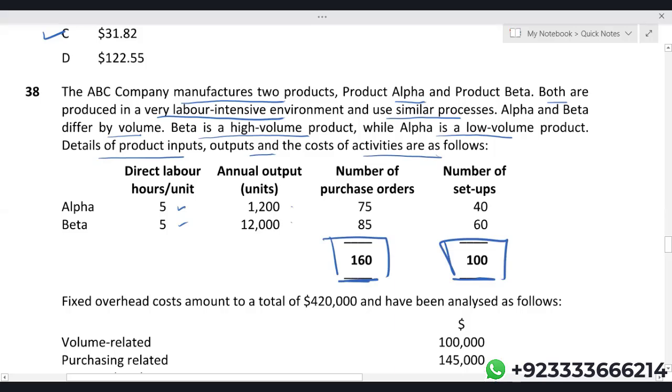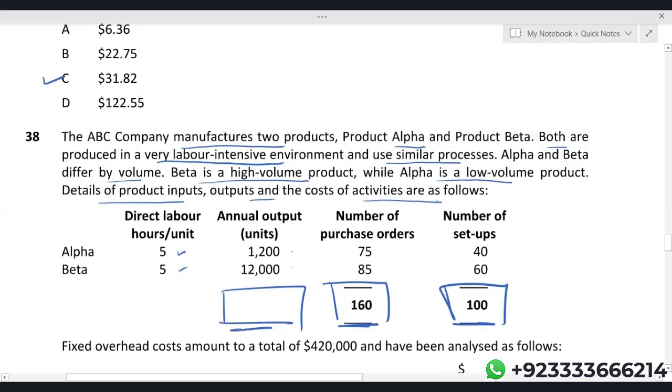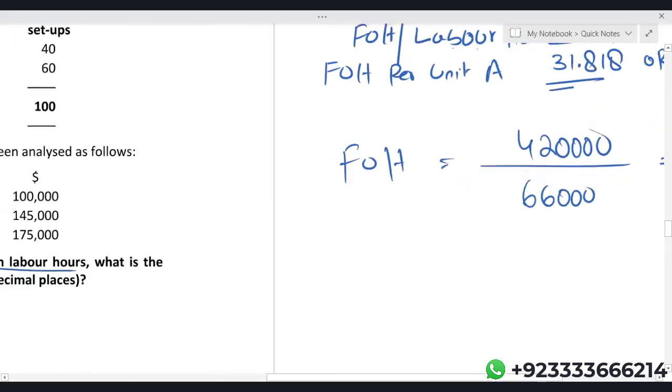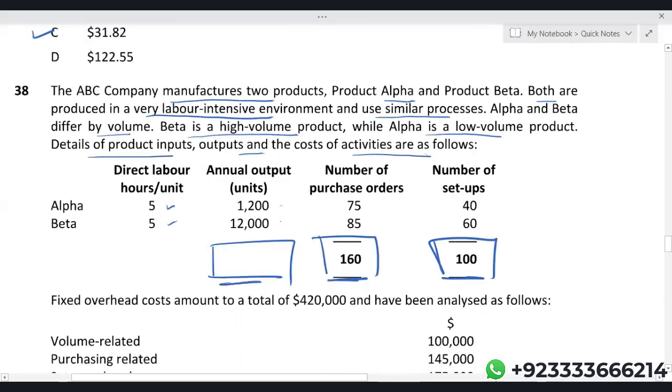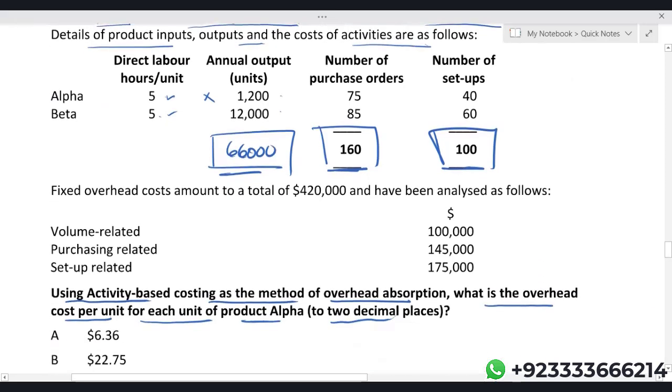Great. And total labor hours we have already calculated, if I'm not wrong. Total labor hours we have calculated 66,000, simply 5 multiplied by 12,000. Total labor hours are 66,000. Fine. Total overhead is 4,20,000. Now they are giving us the breakup of that 420.